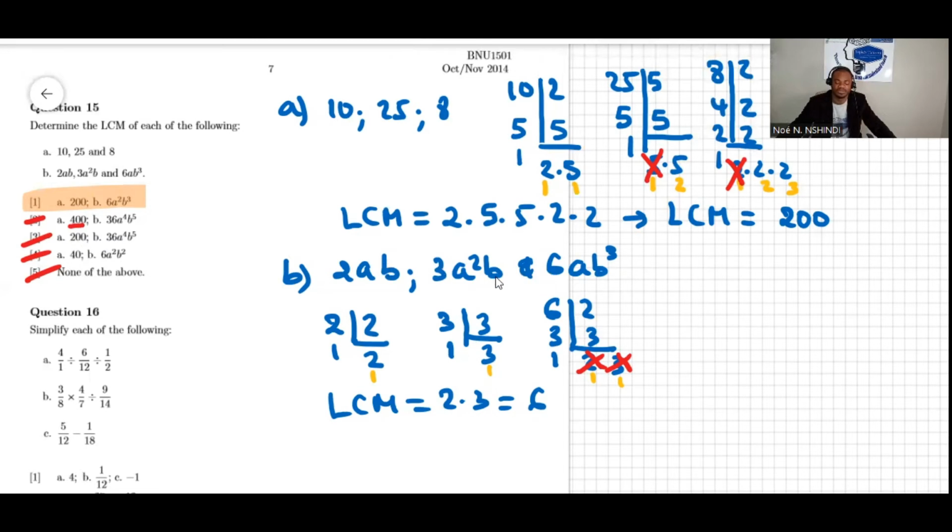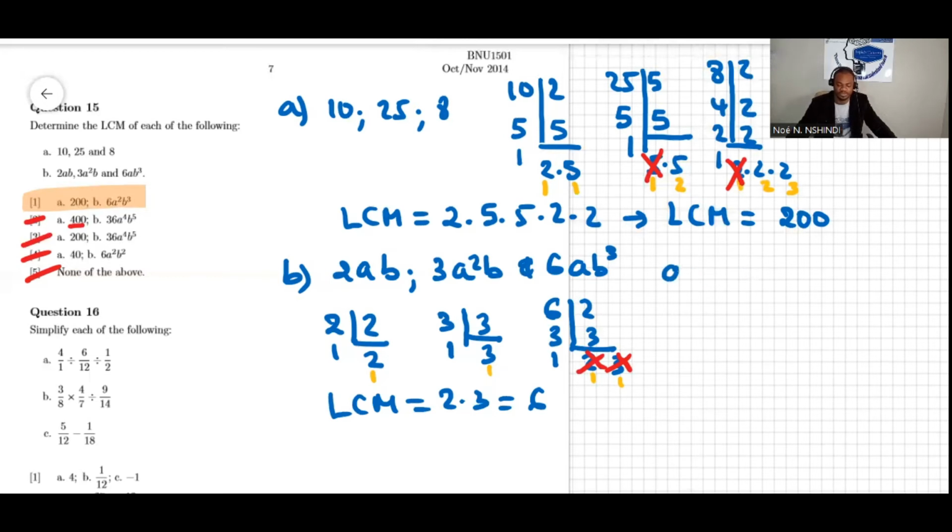Now let's work out the variables. We have A, B, okay? We have AB, and that's one, we have AB. Okay, I'll write it this way.